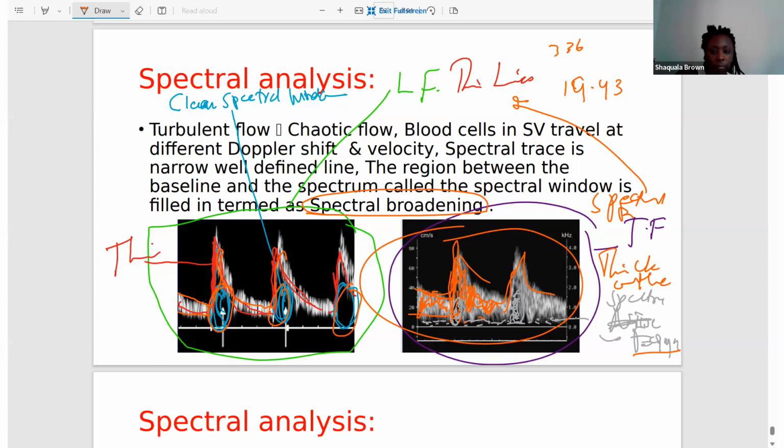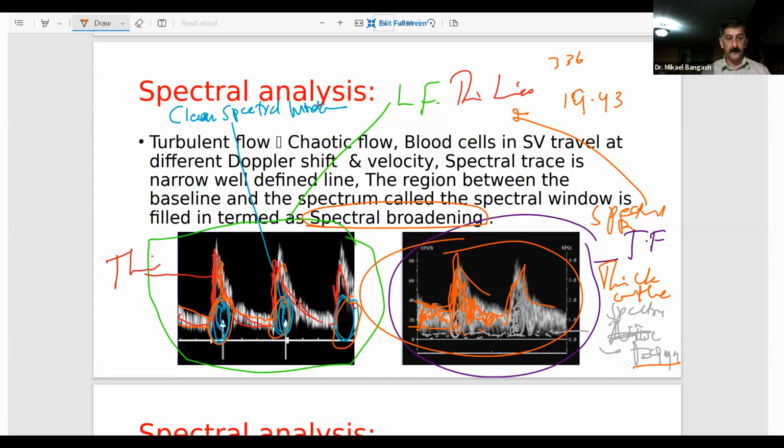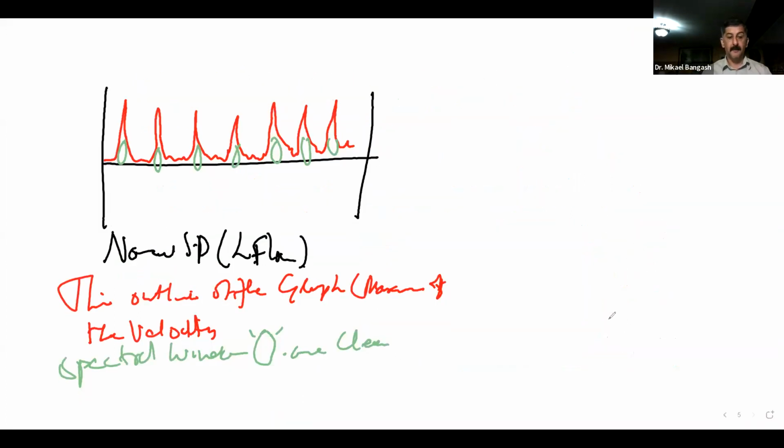Right, so you have clear spectral windows. That's how a normal laminar flow will appear on a spectral Doppler. The spectral windows are going to be clear.